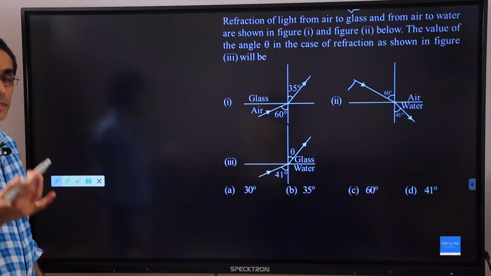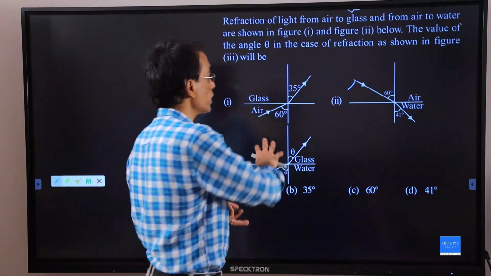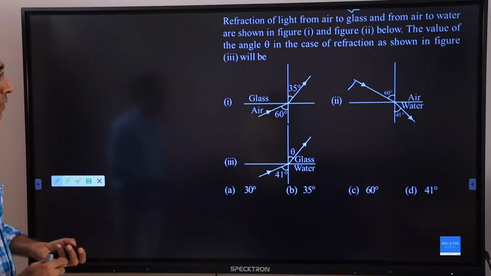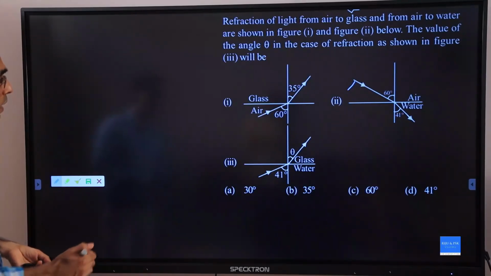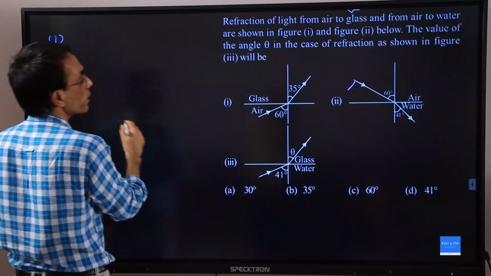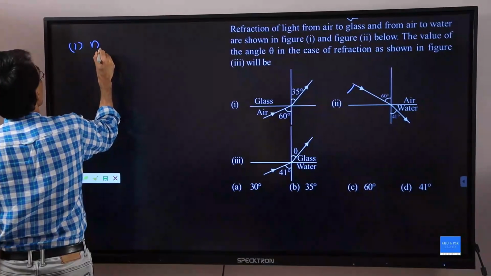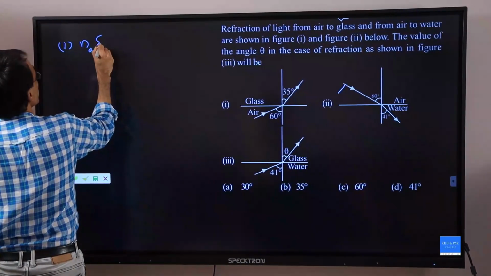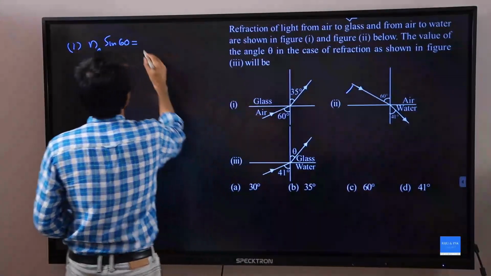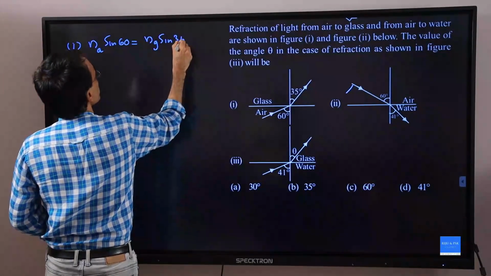Directly you can apply Snell's rule in all the 3 cases. Actually you don't need Snell's rule here. By observation we can say the answer must be 35 degree. But let us work it out. In case number 1, I can apply Snell's rule. This is going from air at 60 degree. So N air sin 60 is equal to, this is glass, N glass sin 35.